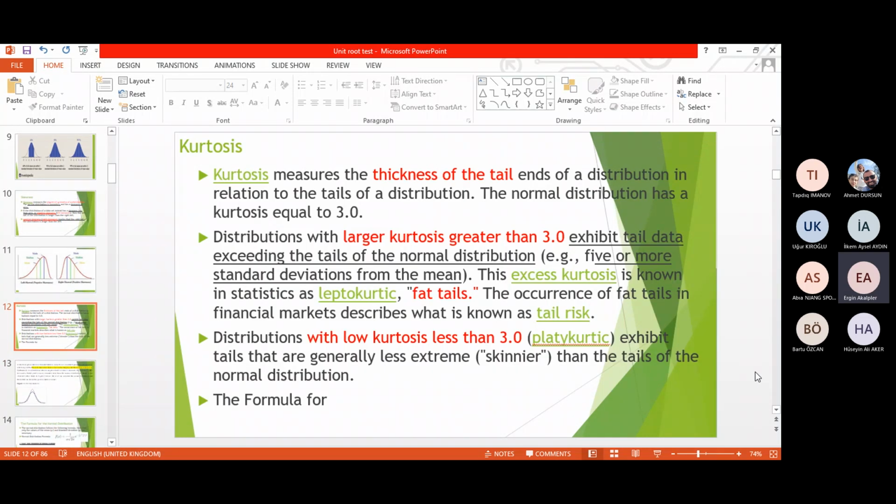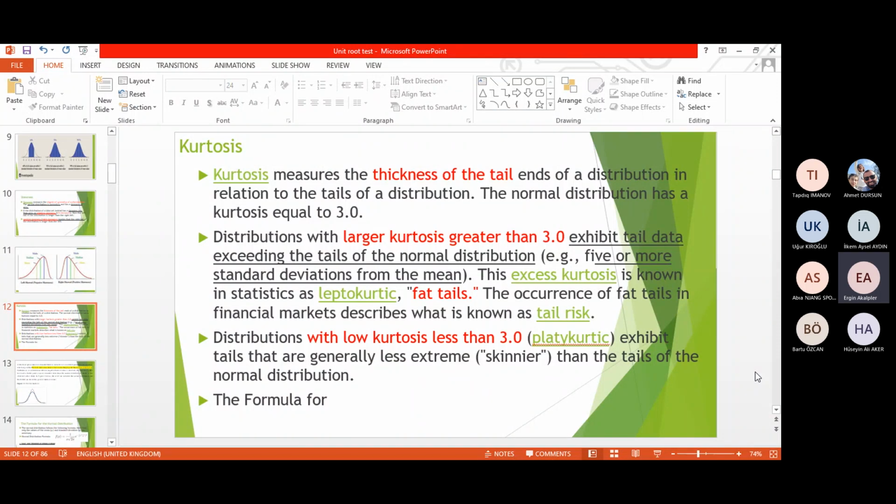The kurtosis measures the thickness of the tails of a distribution in relation to the tails of the normal distribution. The normal distribution has a kurtosis equal to 3.0, and distributions with kurtosis greater than 3 exhibit tail data exceeding the tails of the normal distribution, 5 or more standard deviations from the mean.